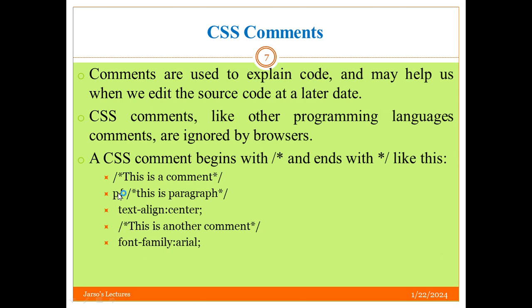This is the purpose why we use comments. In CSS also, a comment is text which is ignored and invisible to web browsers, and we use it to explain what other text, other programs, or lines of code mean.